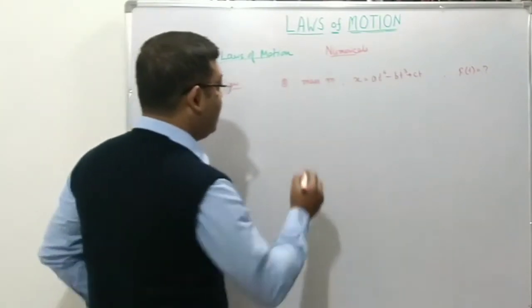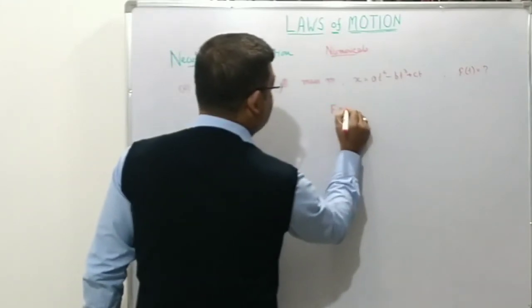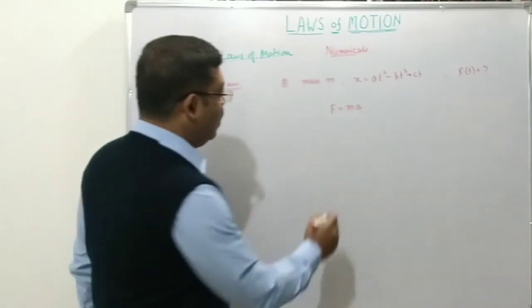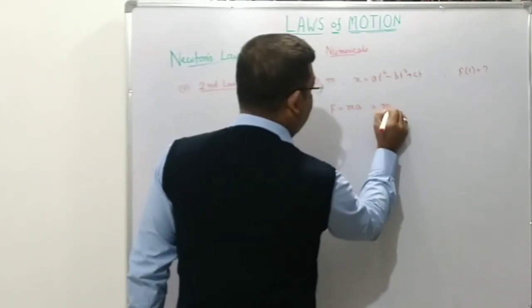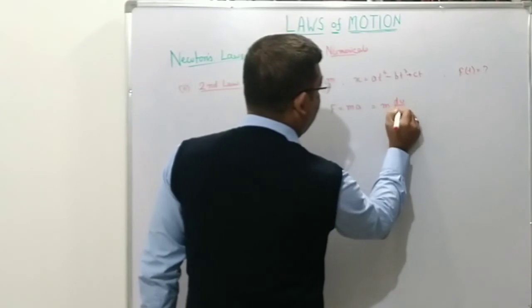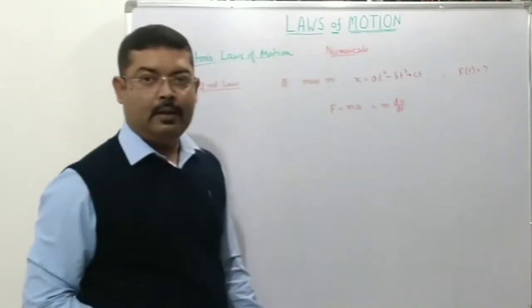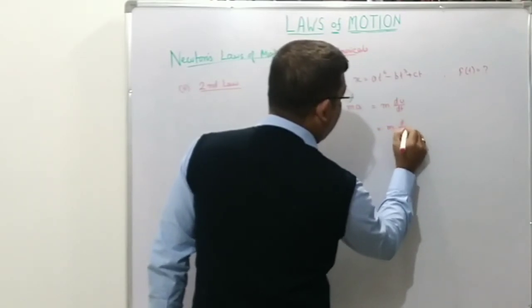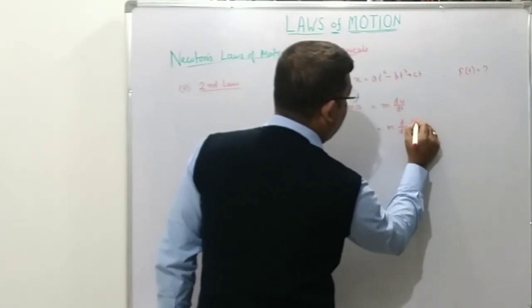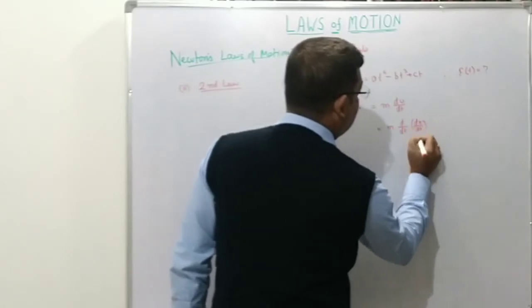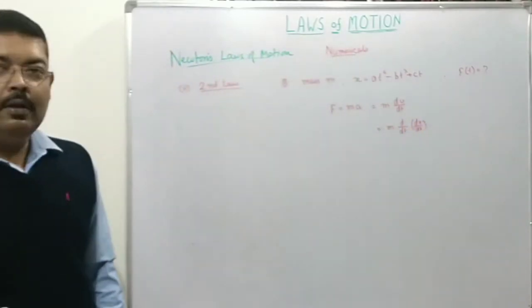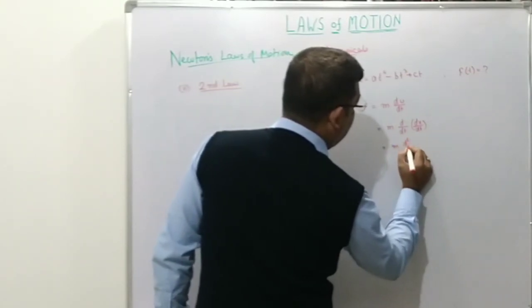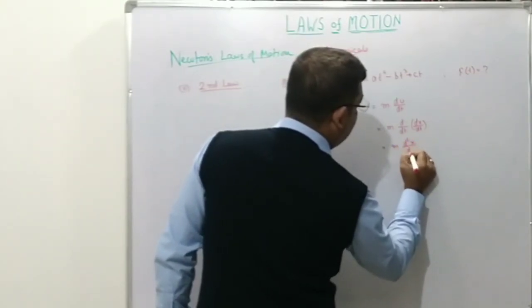First and foremost, we know that F equals m into a, or we can say that a is given by dv by dt, or we can say m d by dt of v, where v is given by dx by dt, or we can say m d square x by dt square.